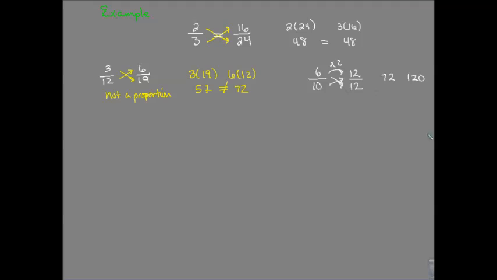No, so this would not be a proportion, basically, is what's happening. If I had 6 over 10 and then I had 12, this is times 2, so this would have to be times 2, so it would have to be 20. The same. Yeah, they have to be equivalent. But we can use that to solve proportions.